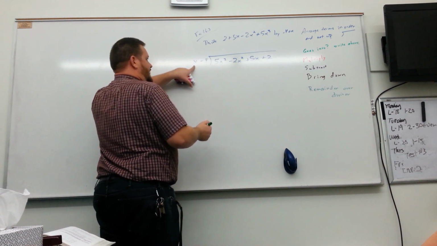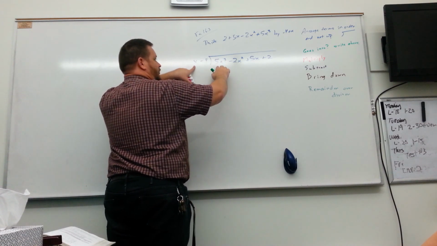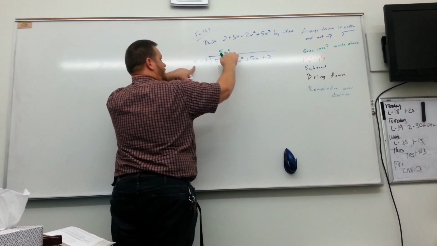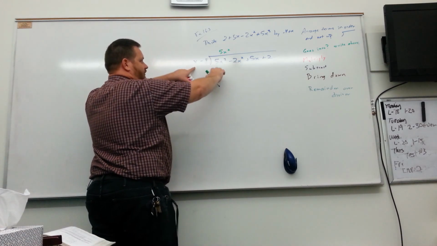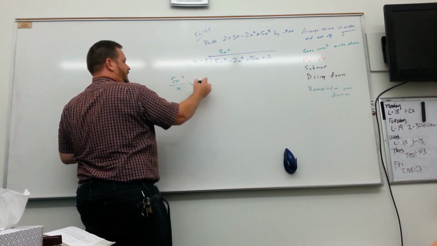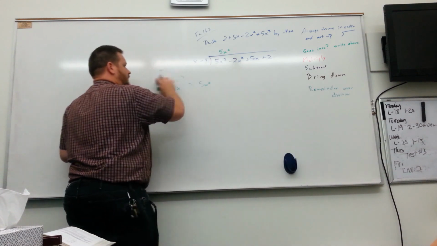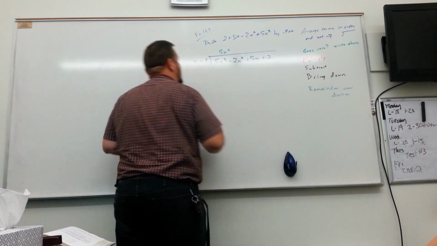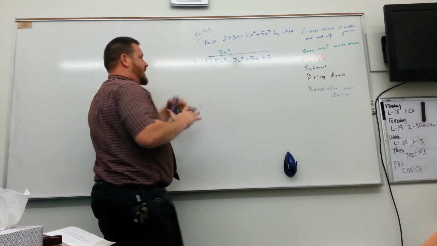Or in other words, this times what gives us this? 5x cubed divided by x is 5x squared. So that's the part that I put here. So that answers this question. I'm going to write that above here.